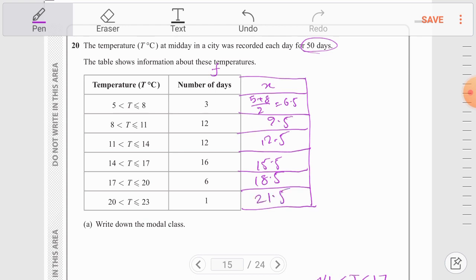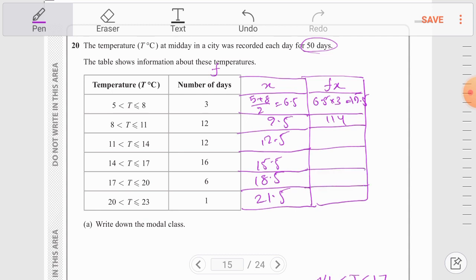And now we have to find the value of fx, that is, we need to multiply this x with the frequency of each. That would be 6.5 times 3, that's 19.5. Then 12 times 9.5, and that's 114.